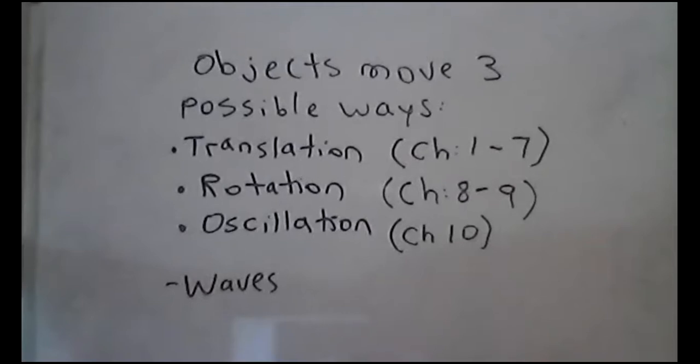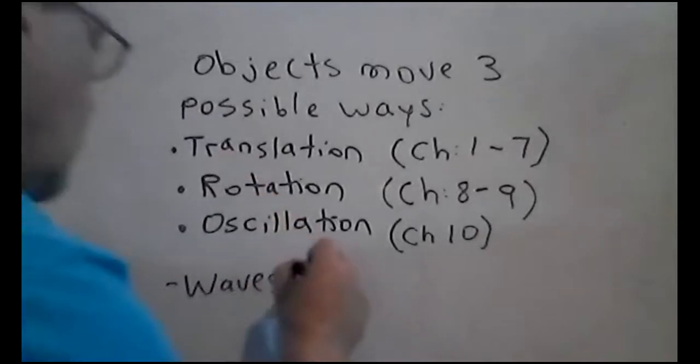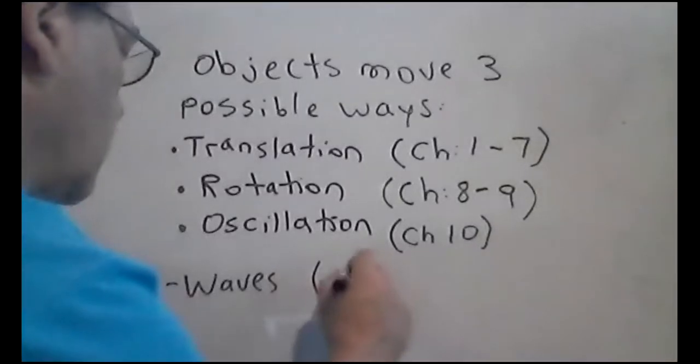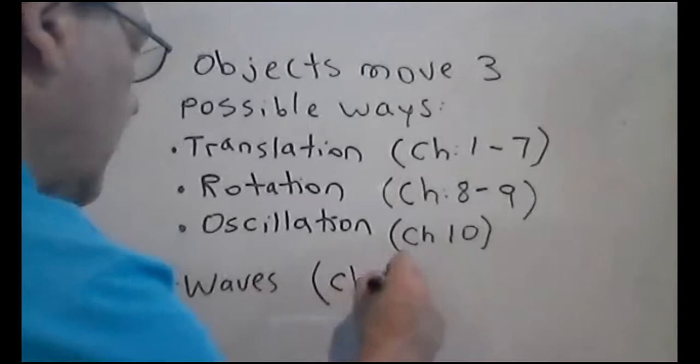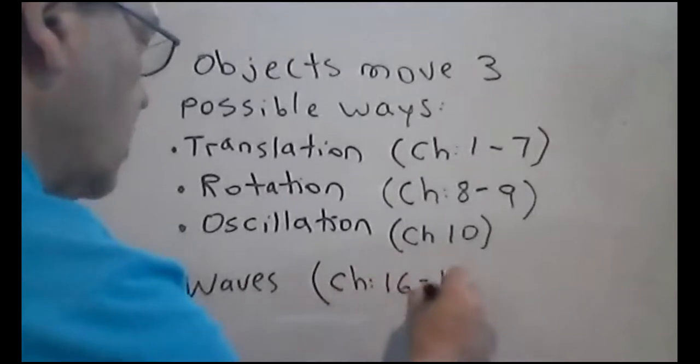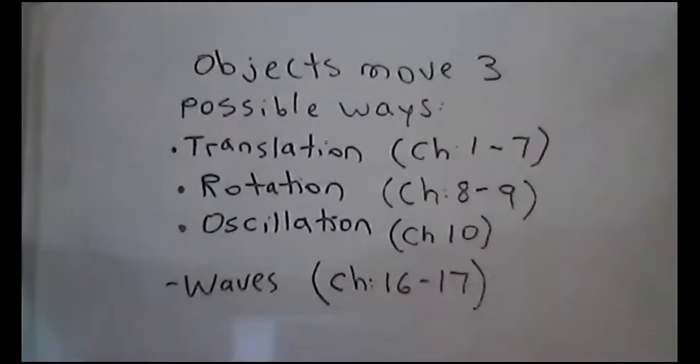All objects live in a duality, a dual space. There's a wave-particle duality. So we think of waves as a disturbance that propagates, as I said in my lecture on waves. However, waves really are an actual essence of reality. So that's a topic for chapters 16 and 17.